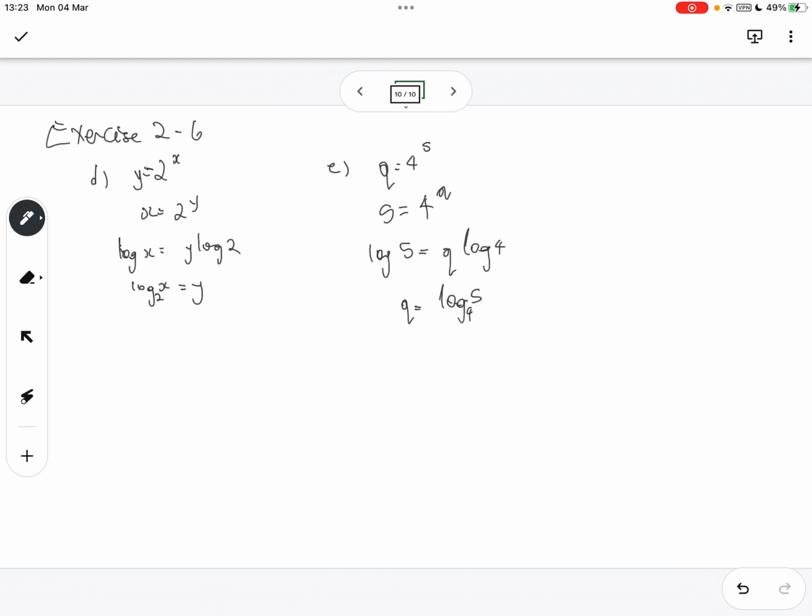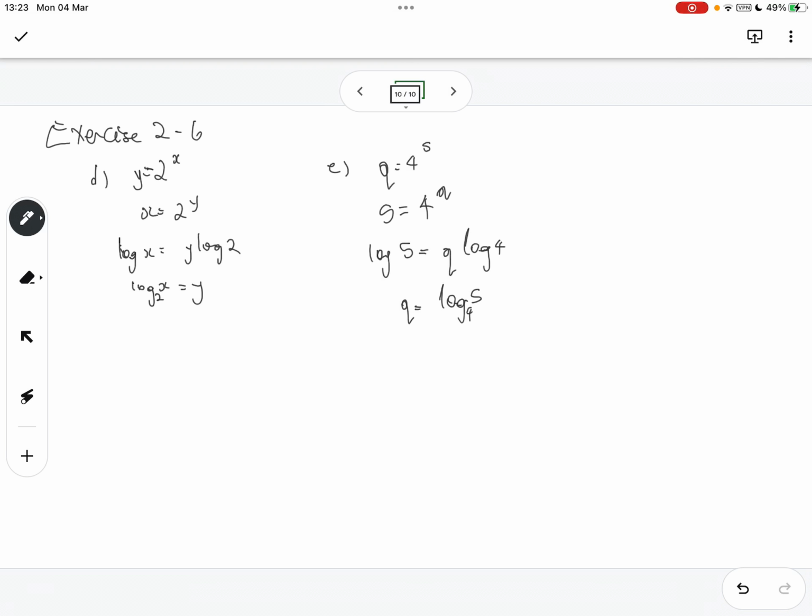Exercise 2.6, D and then E. Should I tell you the answer? So what's your answer? My answer for D is y equals log x base 2. For E, it's q equals log 5 base 4.